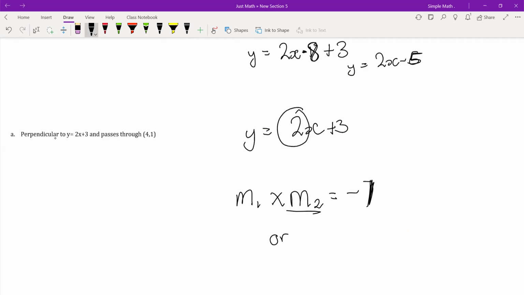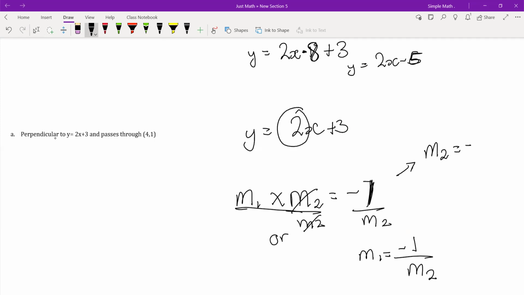Or you could also write it like this. You could divide both sides by m2. This cancels out, so m1 is equal to -1 over m2. So whichever way you want to do it, you can write it like this or like this. You could also divide both sides by m1 and say m2 is equal to -1 over m1.